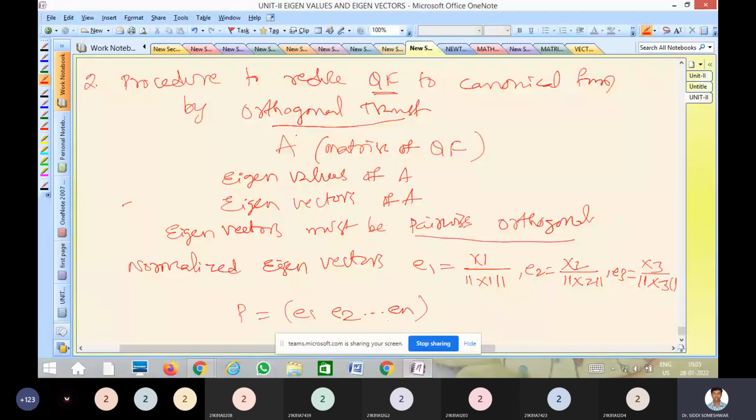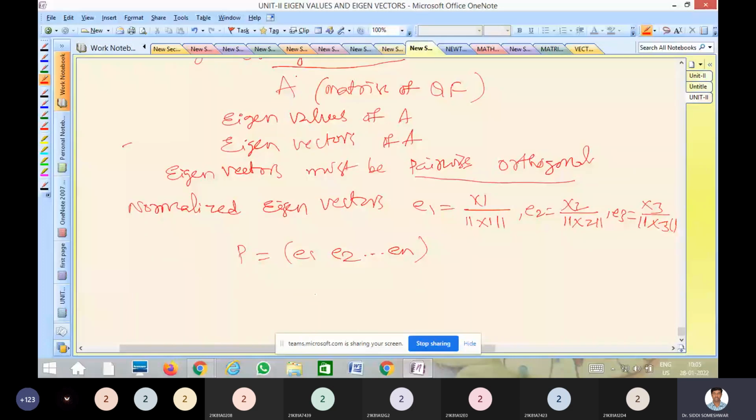Then x equal to Py gives the required orthogonal transformation, which reduces the quadratic form to canonical form.